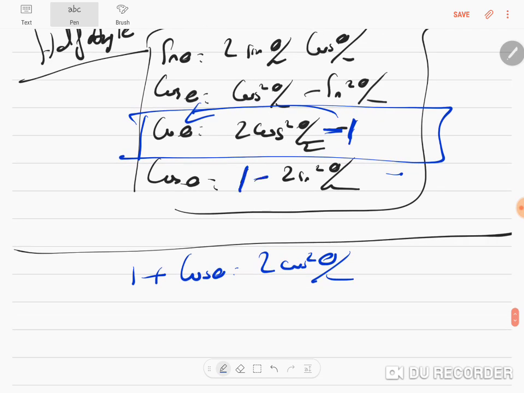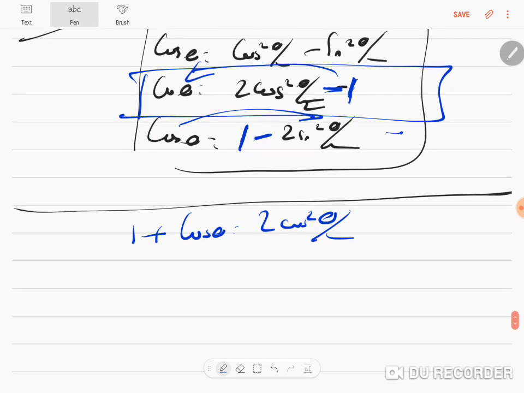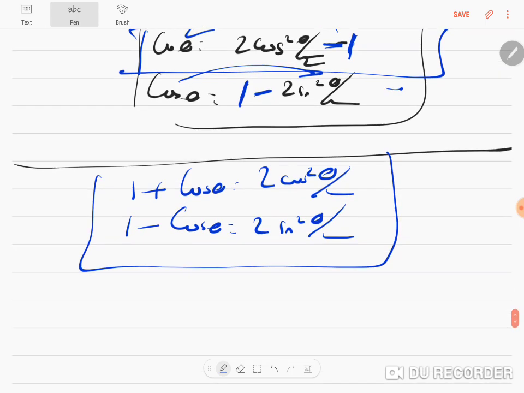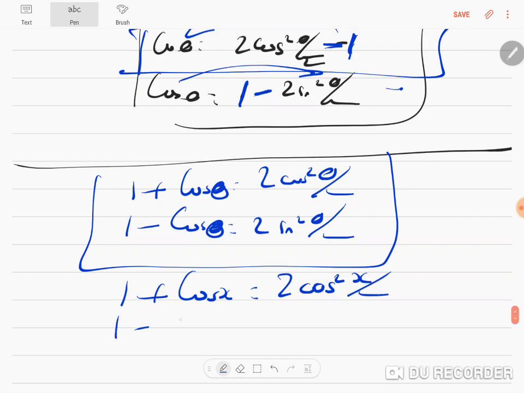You take this formula and take the cos theta to the right side. So, you will get 1 minus cos theta is 2 sin square theta by 2, correct. So, I will write this formula with x: 1 plus cos x is 2 cos square x by 2. 1 minus cos x is 2 sin square x by 2.